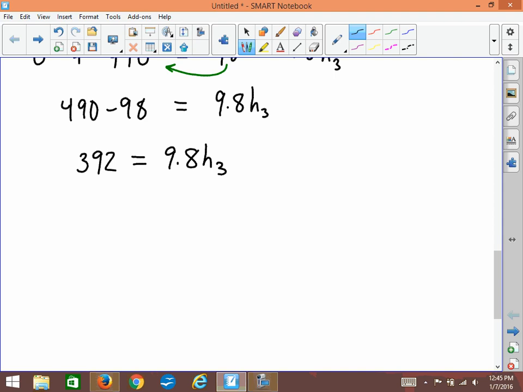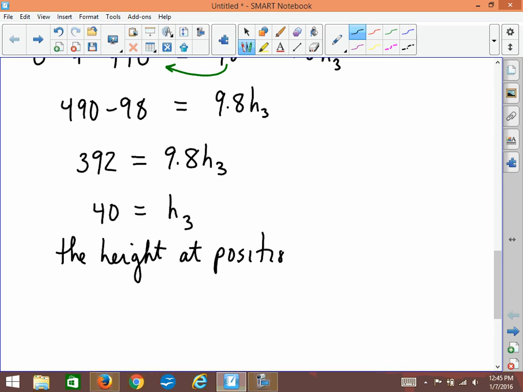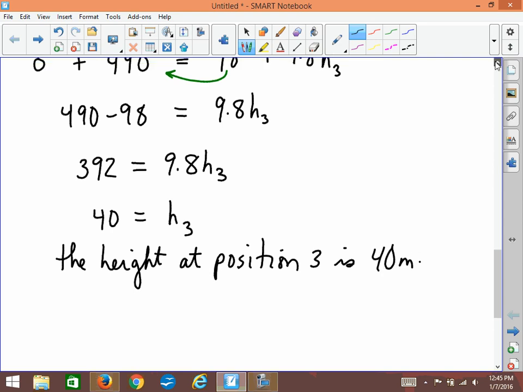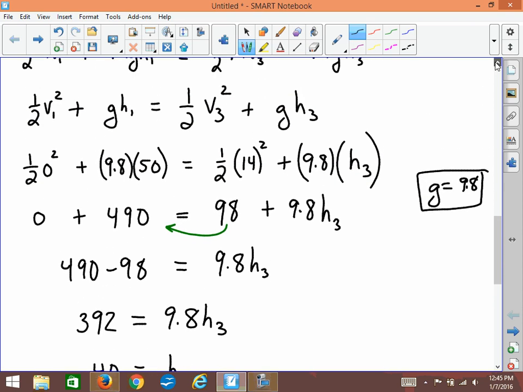And if you take 392 and you divide by 9.8, you get 40 equals H3, which means that the height at position 3 is 40 meters. It's 40 meters high. And if we go back to our picture, we can see that that makes sense.